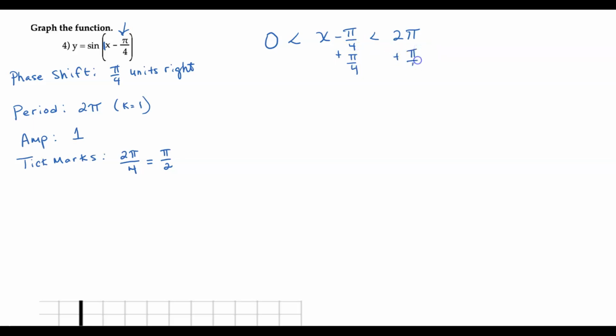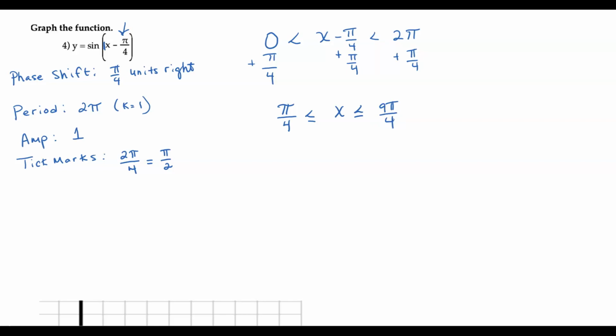So we add pi over 4 here and pi over 4 here. This gives us our new domain for our graph. So the graph in this case is going to go from pi over 4 to 2 pi plus pi over 4, 9 pi over 4. If you do that simple addition of fractions, you'll figure that out.